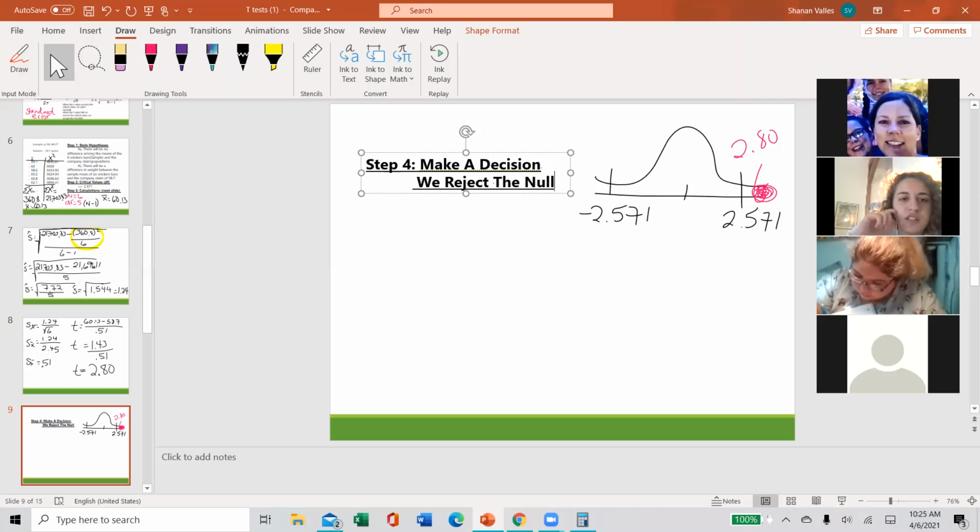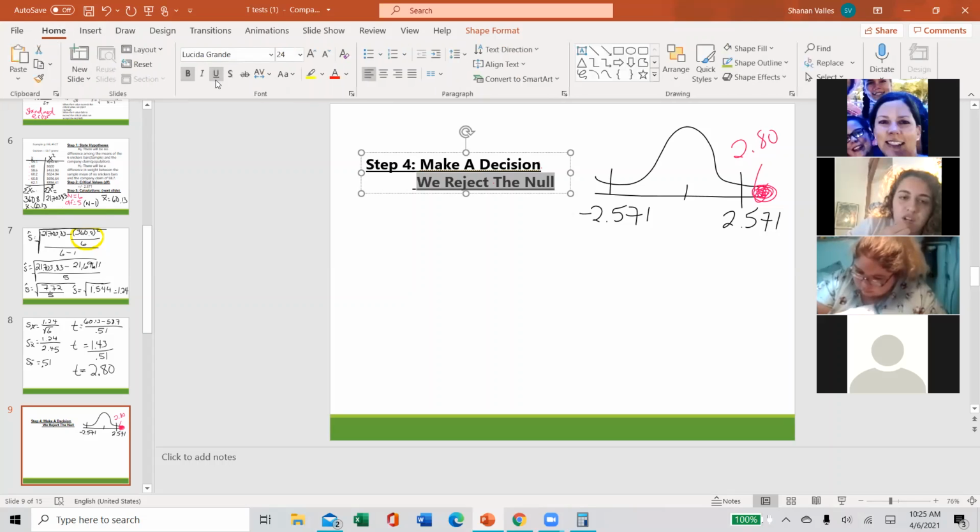So we just put: since the t-value is exceeding the critical value, our decision would be to reject the null.